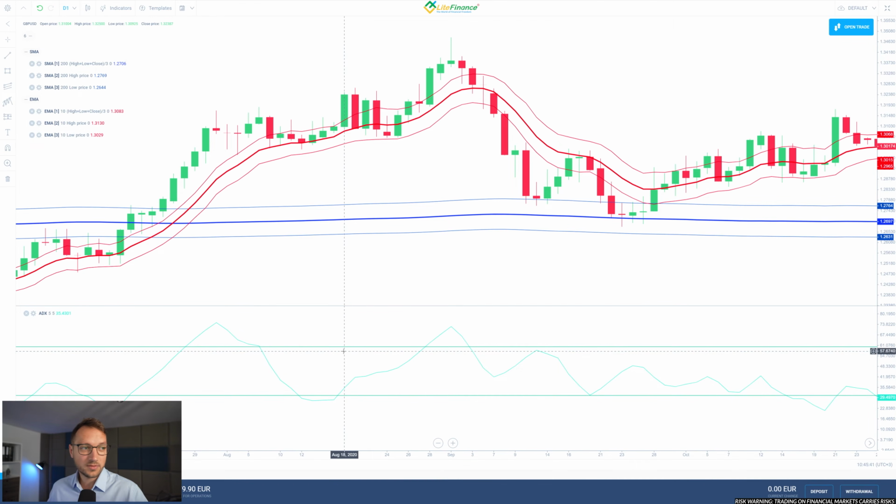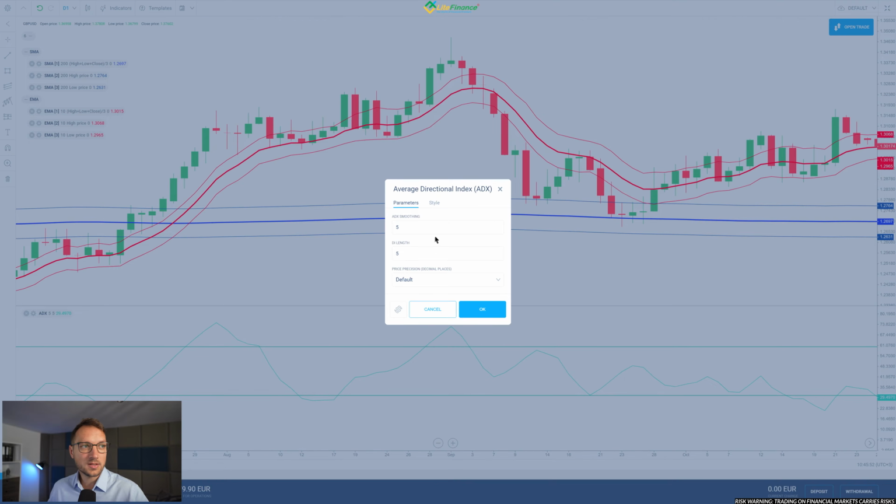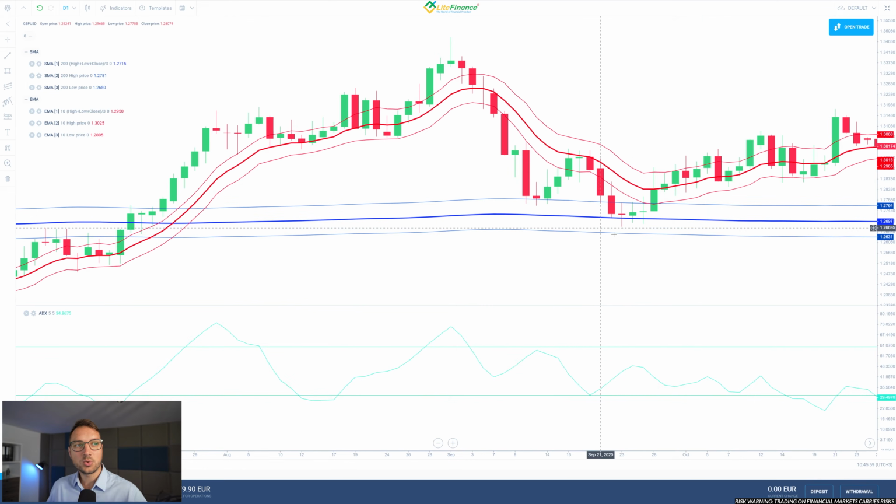And down below you have the ADX indicator, which, if you watched the previous videos, you know measures the trend strength. I removed the other two lines, the plus DI and minus DI, because to determine the direction we are using the moving averages, so they are not necessary for us. And I marked the 30 level and the 60 level, because the 30 level signals that the trend is gaining strength.